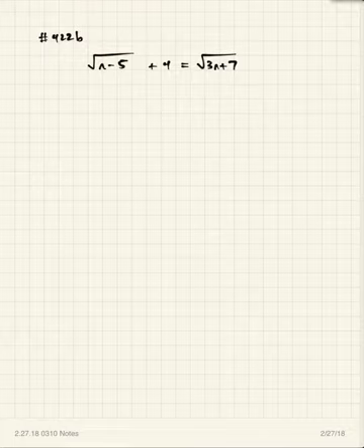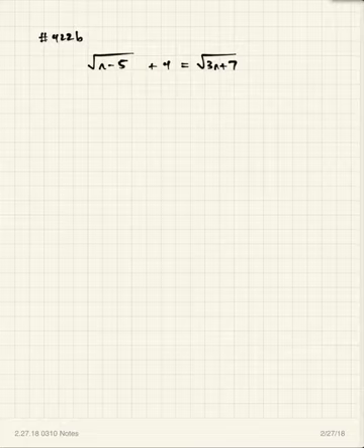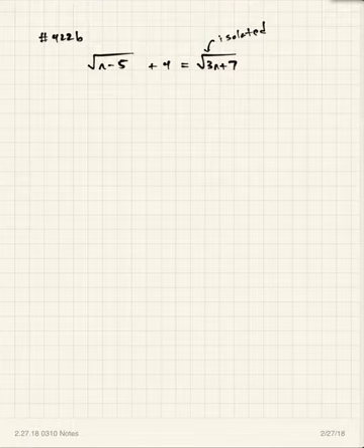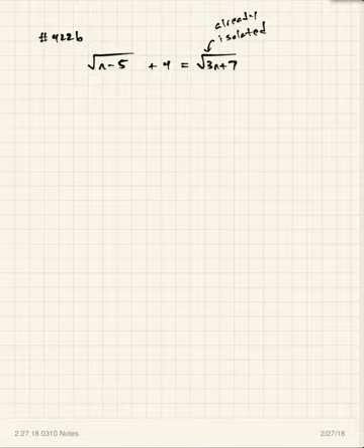Now remember that you are isolating one radical. So notice that the square root on the right side is already isolated. It's already by itself. And so I am ready to square both sides of the equation just like it is.